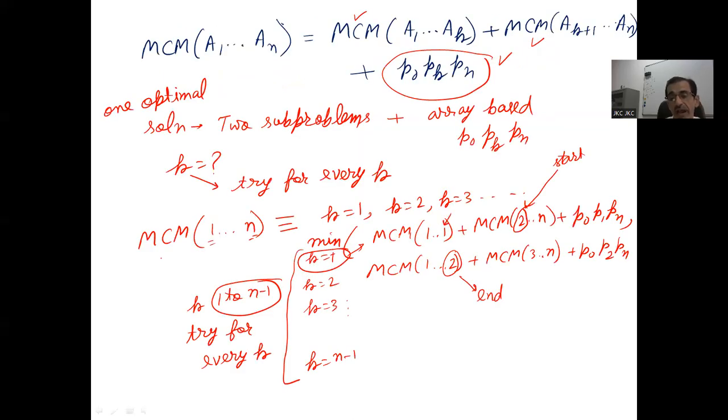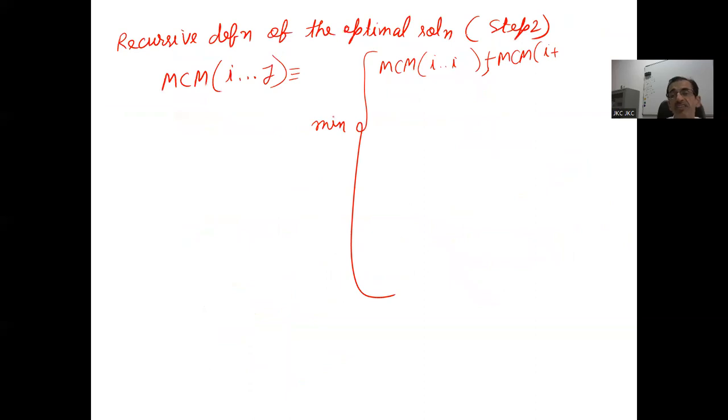So k equal to 1 means I have a parenthesis at k, then plus the corresponding cost of multiplying these two final matrices. What will be that cost? The rows of matrix Ai, which is P(i minus 1), then the columns of the first matrix Pk, and then the columns of the last matrix Pj.